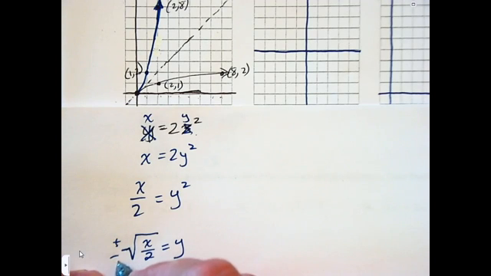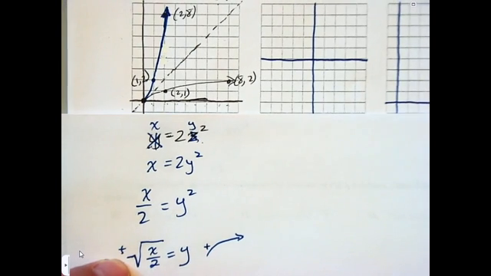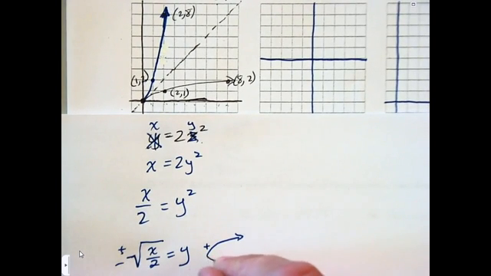You guys, the negative portion, remember, a positive square root graph opens up like that. A negative square root graph opens downward like that.